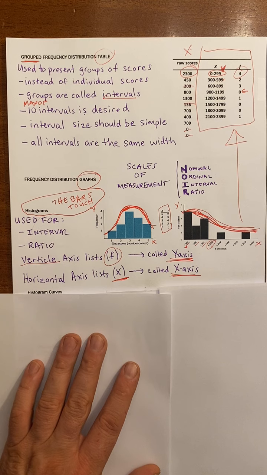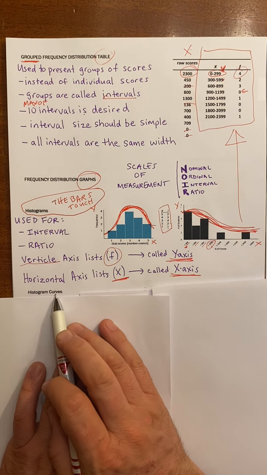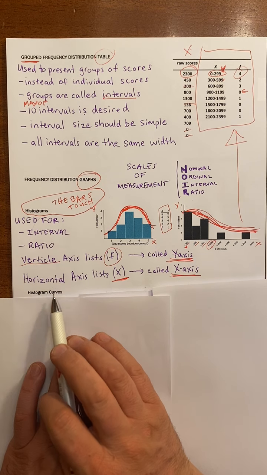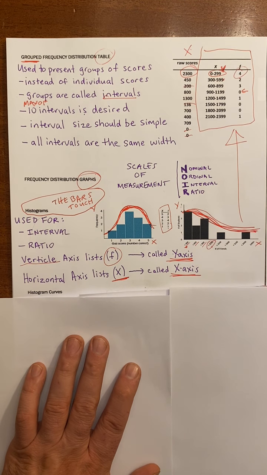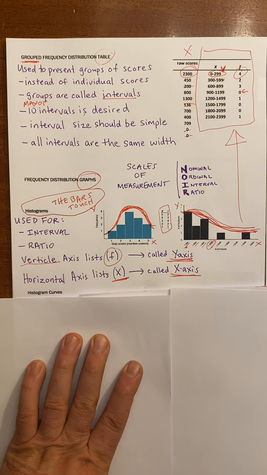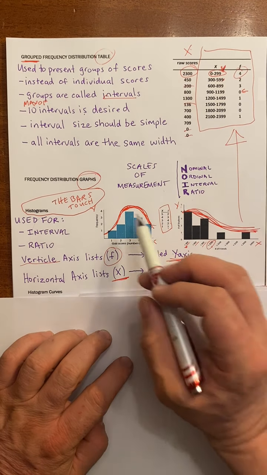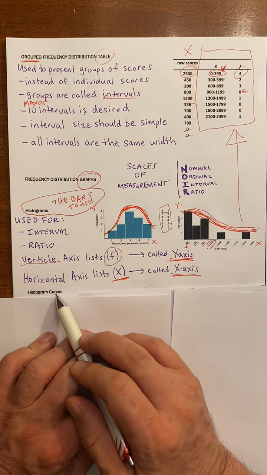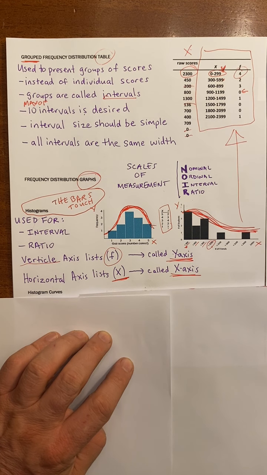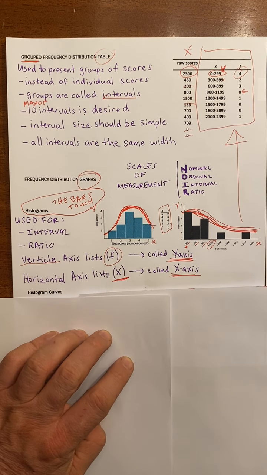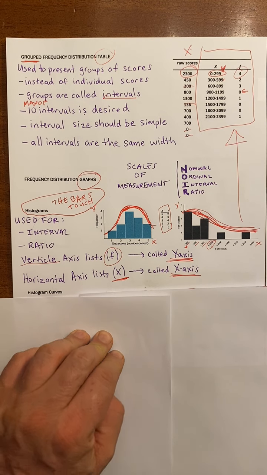That's where we're going now, to this topic called histogram curves. First of all, a curve is that line that you can draw over the data. The reason you want to do it is because you want to see what shape that line or that curve is taking. As it turns out, there are basically 3 different shapes that you can get with those curves.